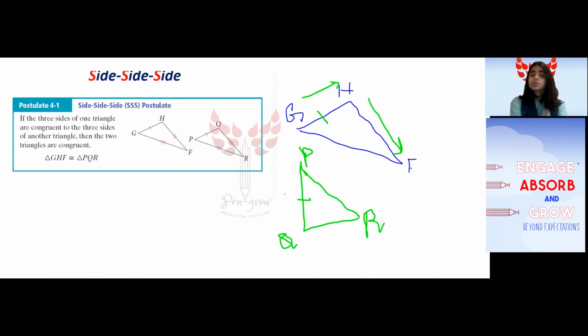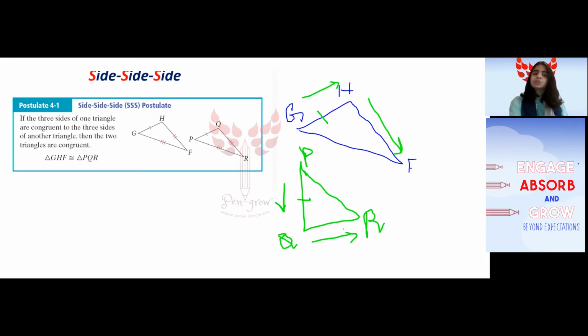QR. So yes, it is a similar thing here. This is actually the meaning of corresponding. It should be in the same direction. If we are moving clockwise, then the other triangle should also move clockwise.